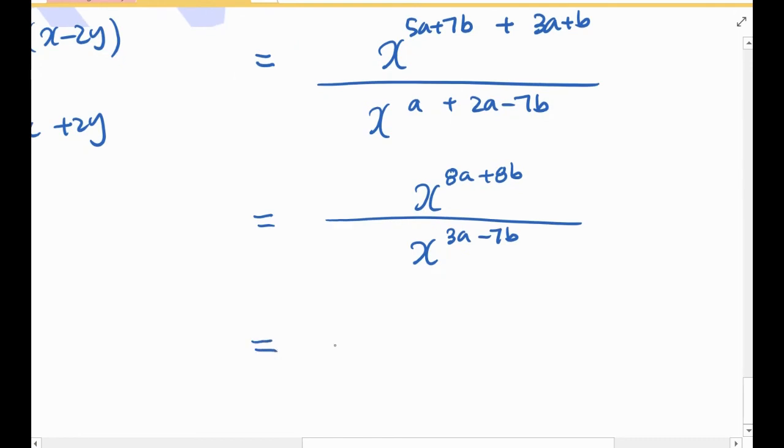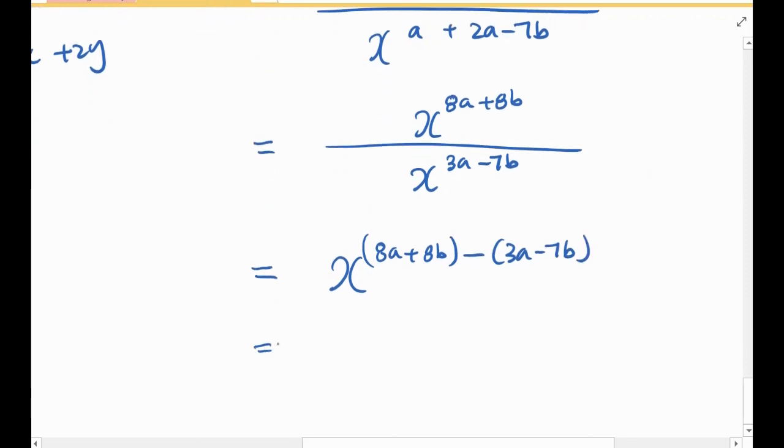And we're going to subtract the exponent, 8a plus 8b minus 3a minus 7b. And that is x to the power of 8a minus 3b. So here, 8a plus 8b. Let's change the sign.